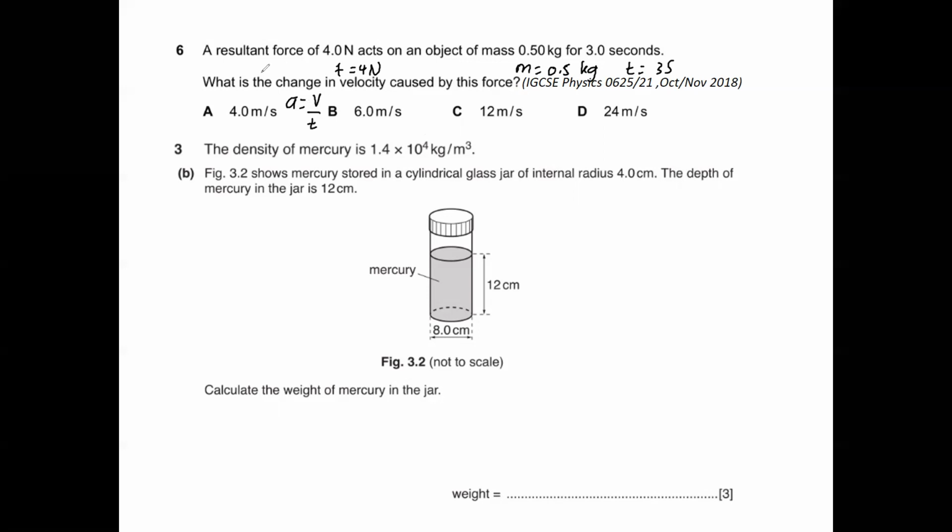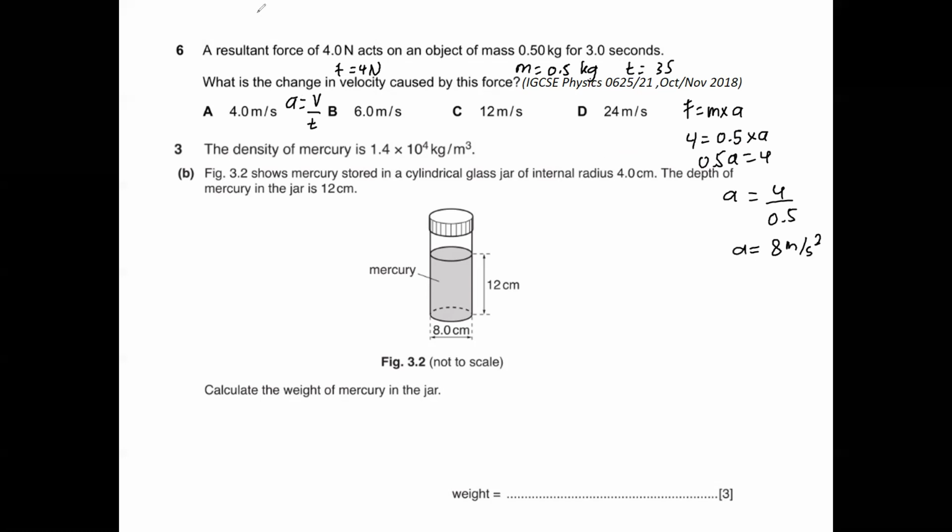So now we want to find acceleration first from the force. So we can use the formula F equals mass times acceleration. So the force is 4, and the mass is 0.5 times A. So 0.5 A equals 4. So A equals 4 over 0.5. So this one will become 8 meter over second square.